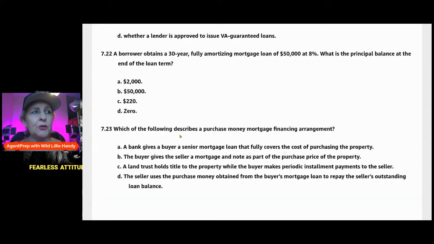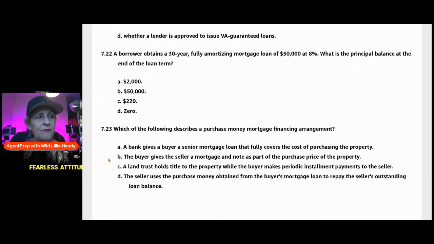Which of the following describes a purchase money mortgage financing arrangement? Ruth, do you know what that means? If not, vocabulary. Practice a lot of these questions over and over. A, a bank gives a buyer a senior mortgage loan that fully covers the cost of purchasing the property.